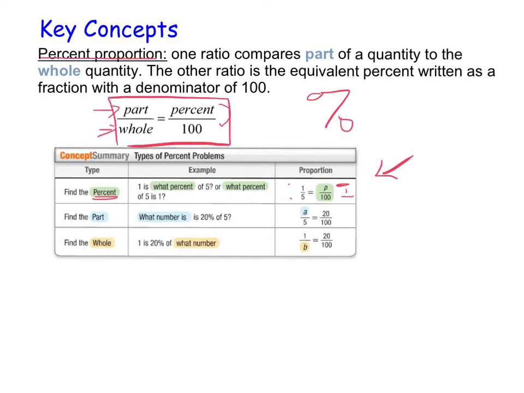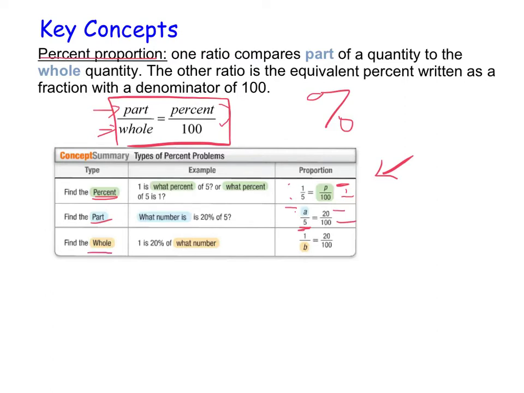When it asks you to find the part, something like they would ask you what number is 20% of 5, so you would have a part over whole, but they tell you the percent, so you put 20 and your denominator is always over 100.